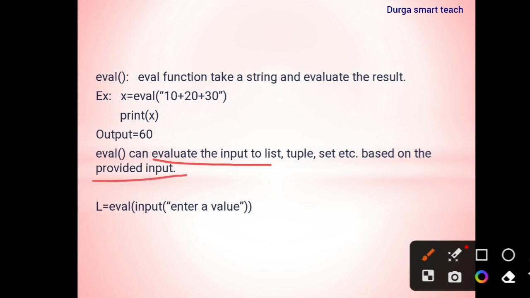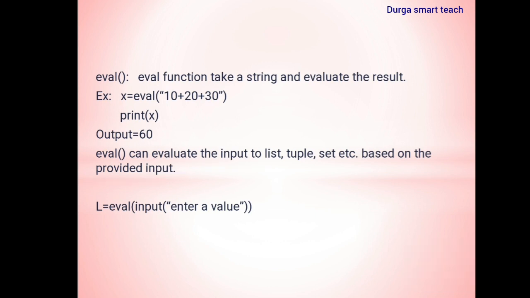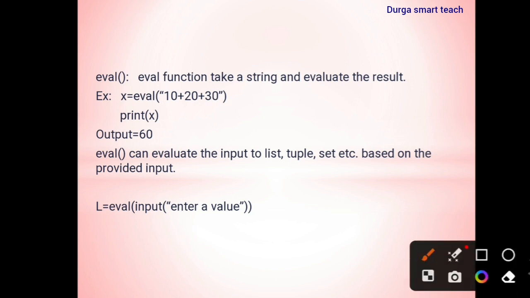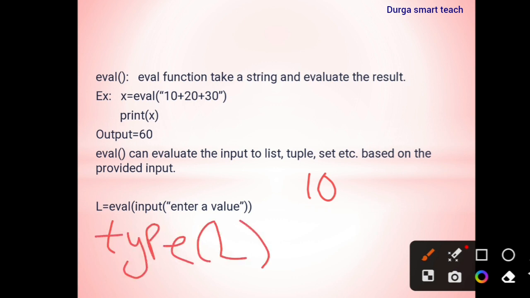Let's see one example. Here L is equal to eval of input of "enter a value". Suppose I am entering 10. If you display the type of L, where L is a variable, it will display int.